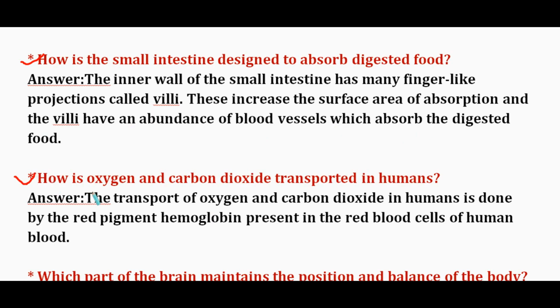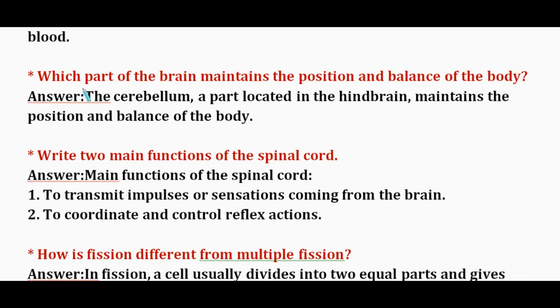Next question is, how are oxygen and carbon dioxide transported in humans? The transport of oxygen and carbon dioxide in humans is done by the red pigment hemoglobin present in the red blood cells of human blood. The question is, which part of the brain maintains the position and balance of the body?